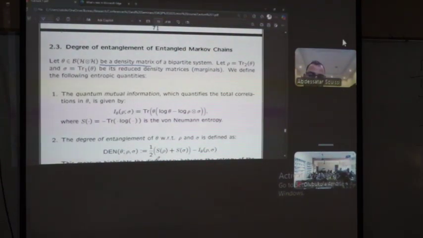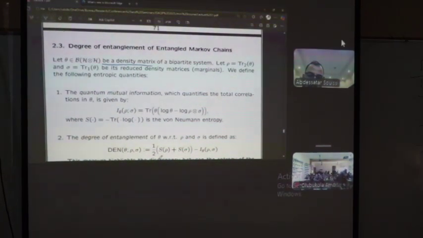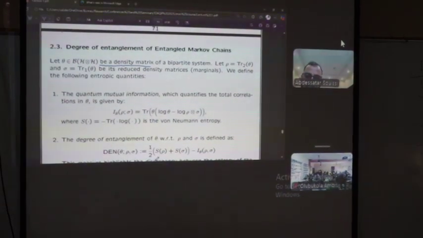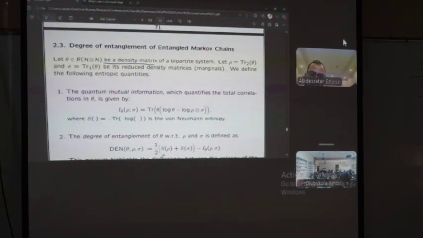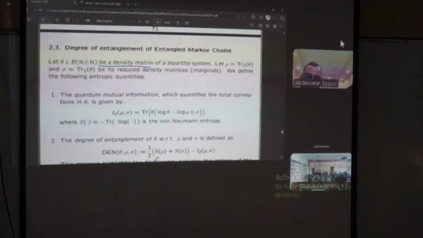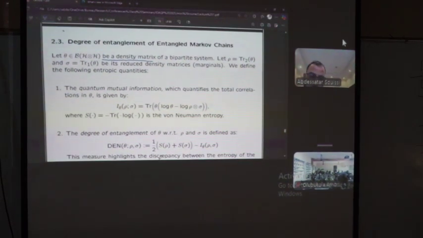So both of them are density matrices. I mean, they are known as the marginals, as for the distribution of a couple, we have the marginal distributions.